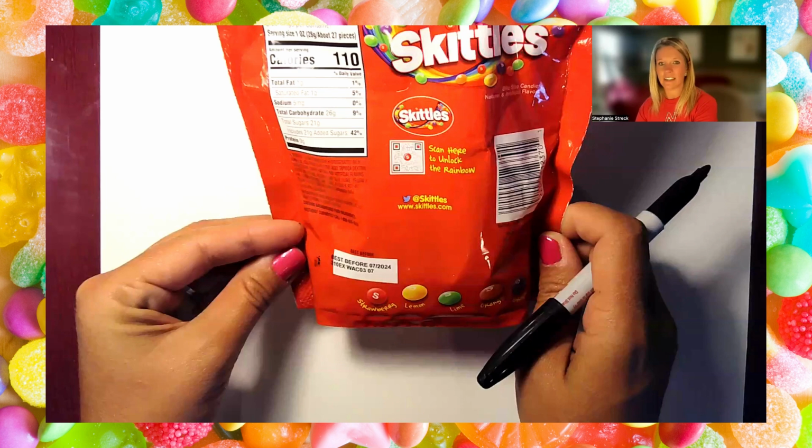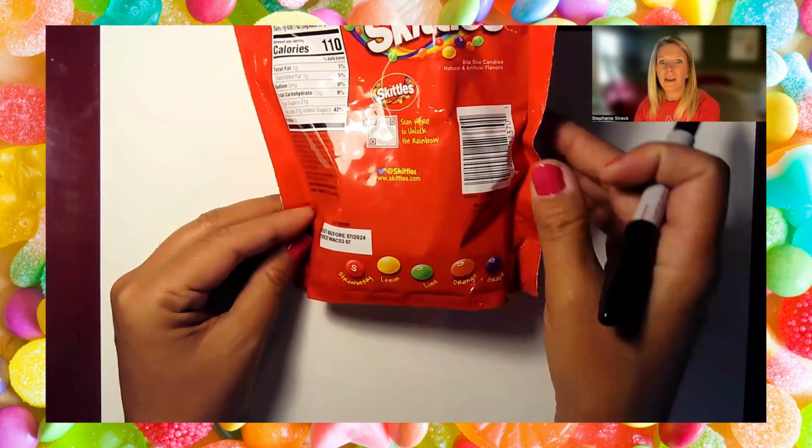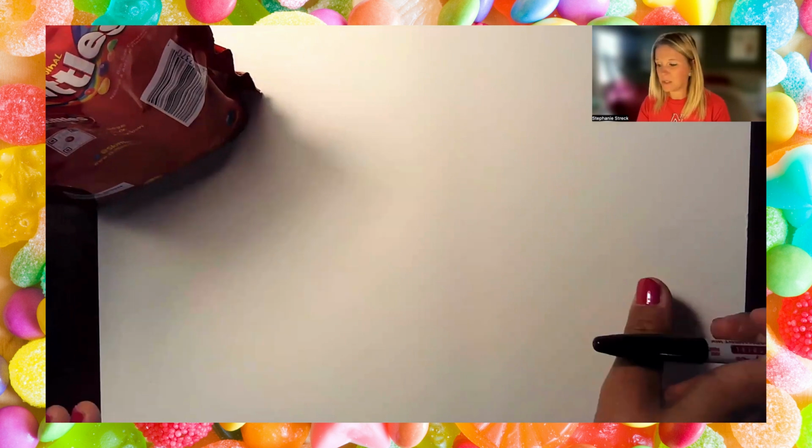So what we're going to do is think about the different colors of Skittles. On the back of the bag, I see that there is strawberry and lemon and lime and orange and grape. Depending on your child and what they can do, we might be thinking about tens and ones.